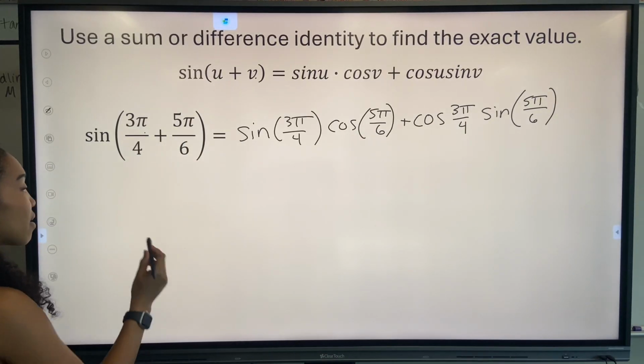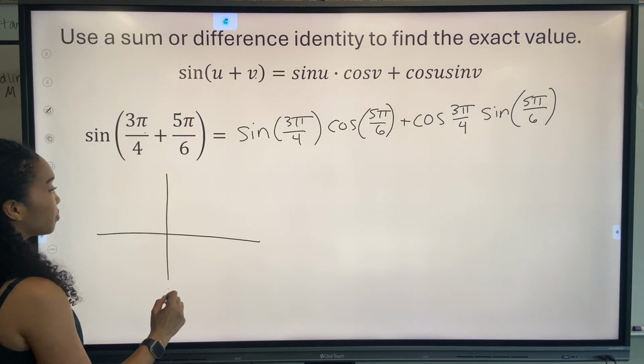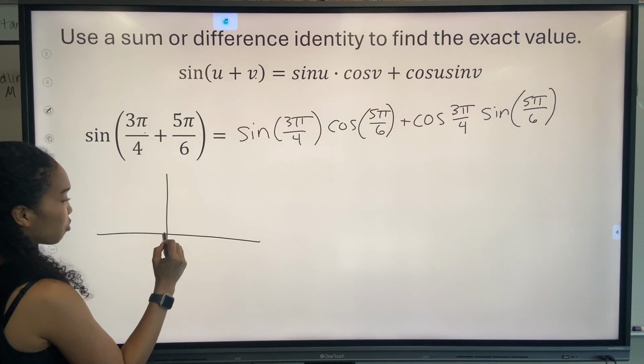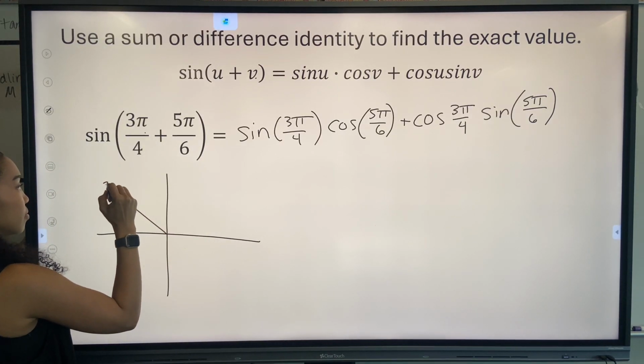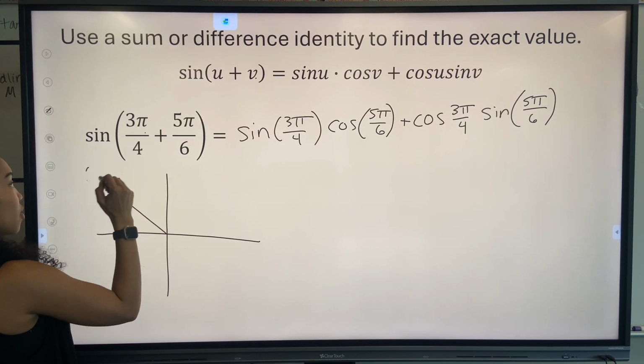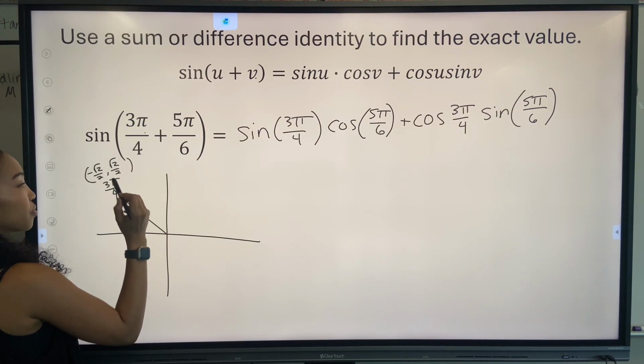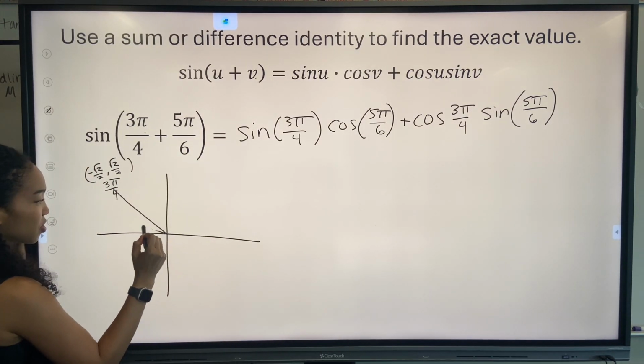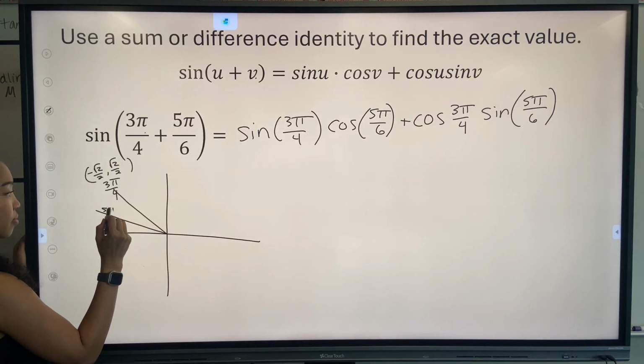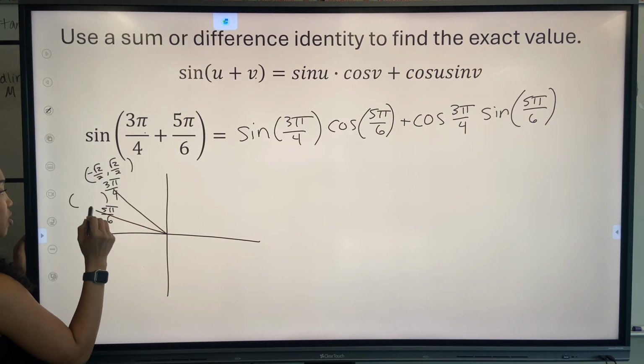Okay, so again, you have to think about the unit circle. 3 pi over 4 is right here, and the coordinates are negative square root of 2 over 2, square root of 2 over 2. 5 pi over 6 is right here. And those coordinates are negative square root of 3 over 2 and 1/2.